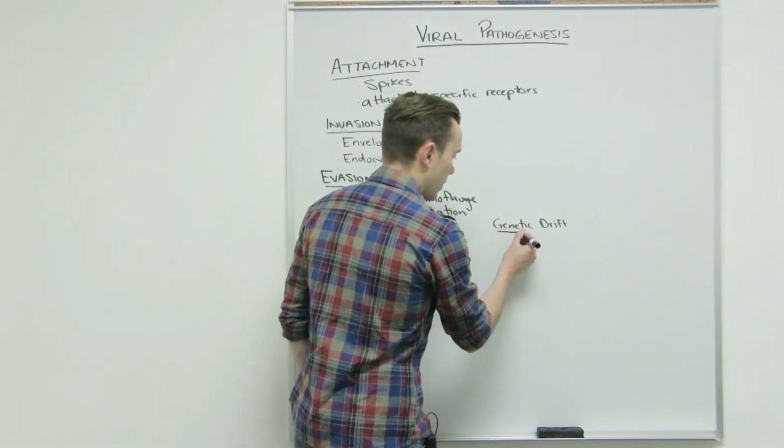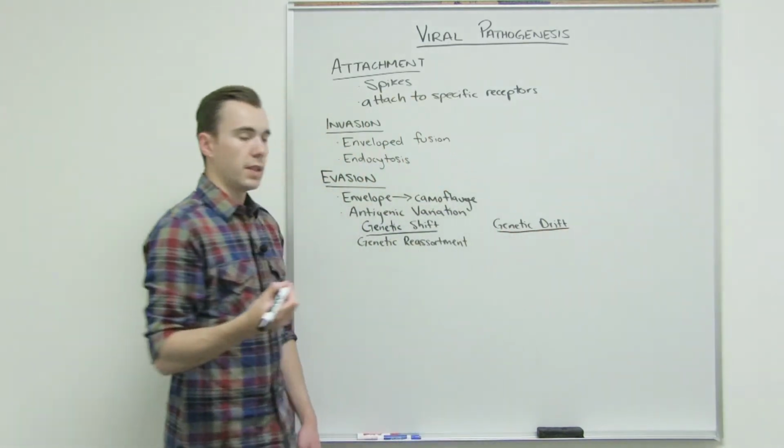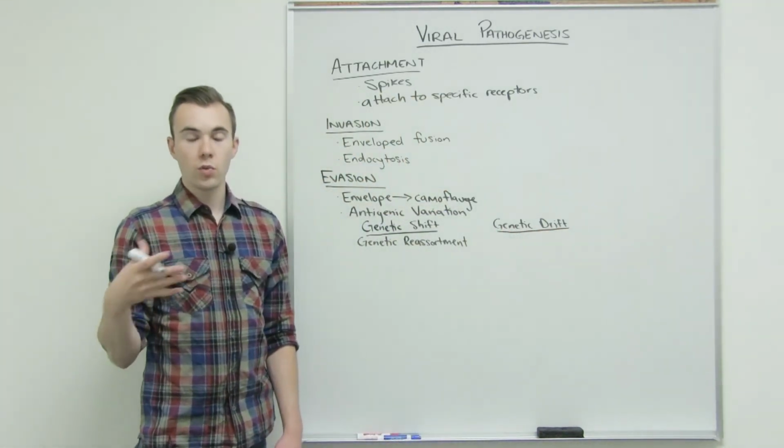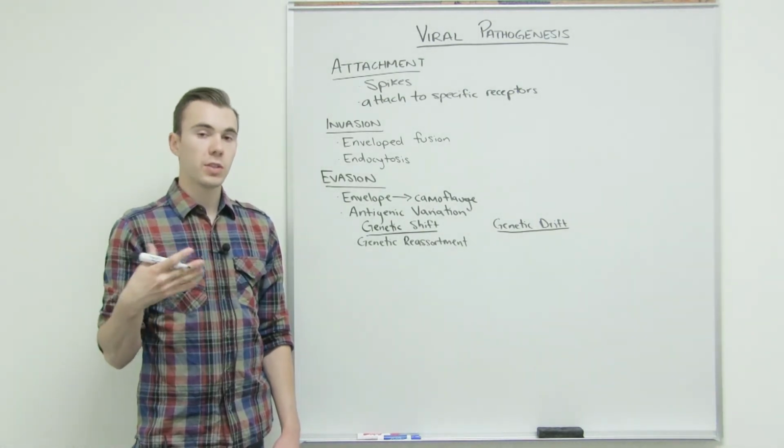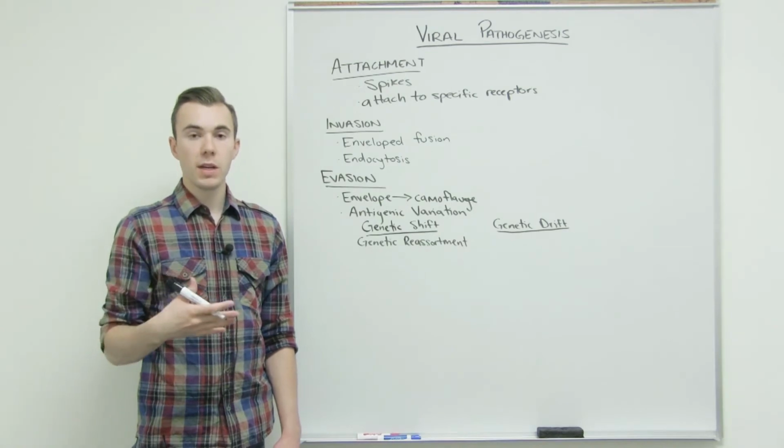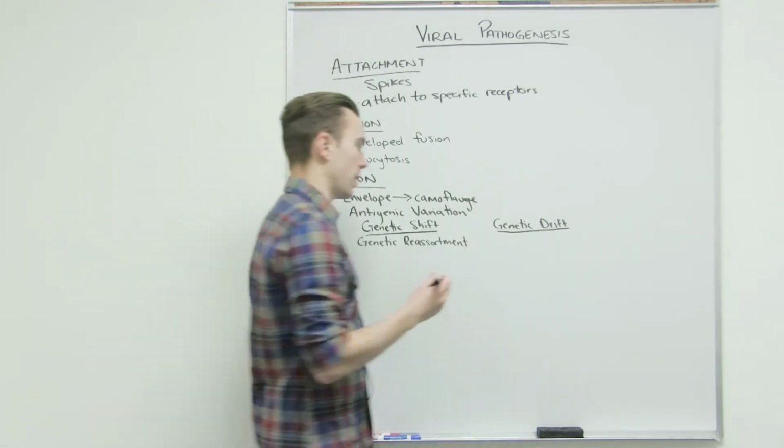Genetic drift, if you think of something drifting, like a piece of wood drifting in a river, it's doing it very slowly. So genetic drift is a slow change, and it's because there are mutations that are building up over time.